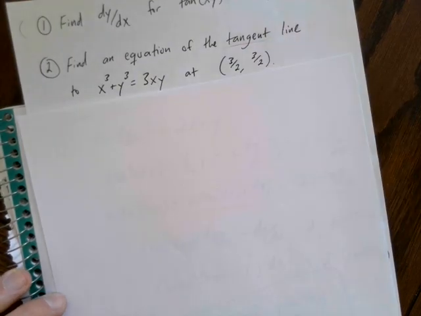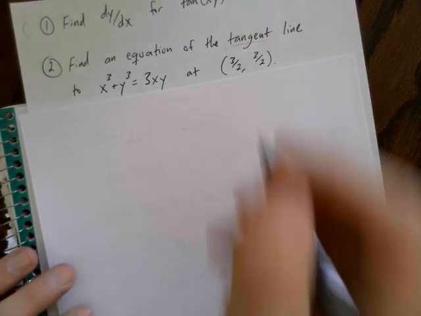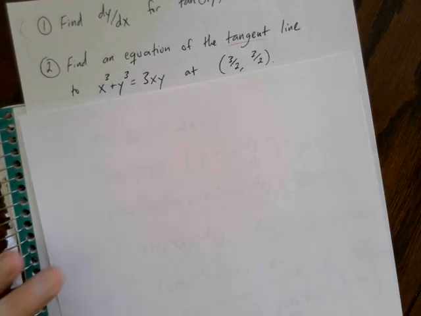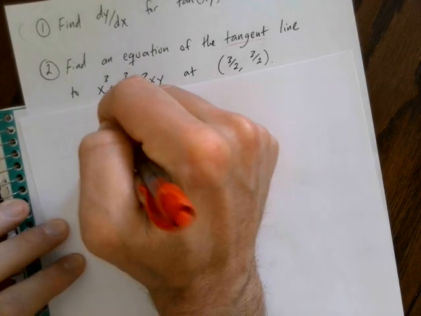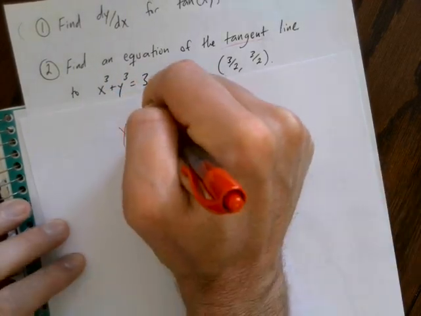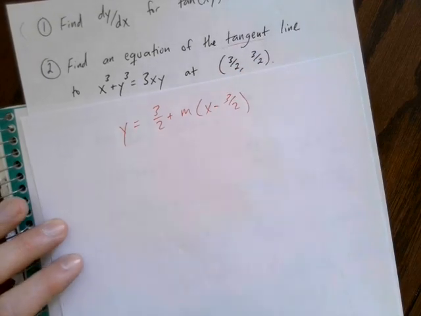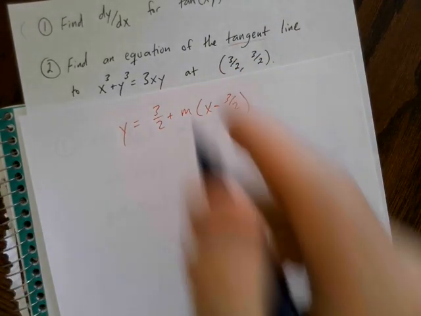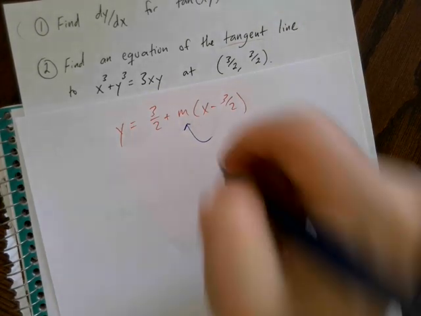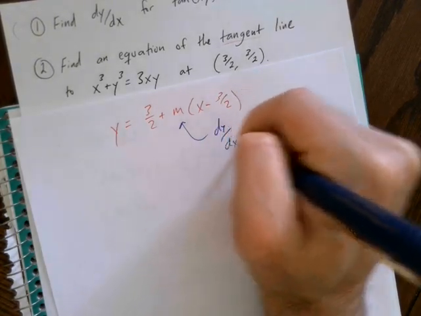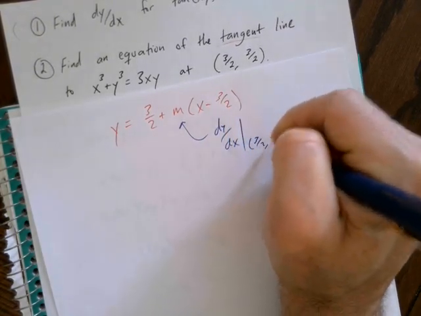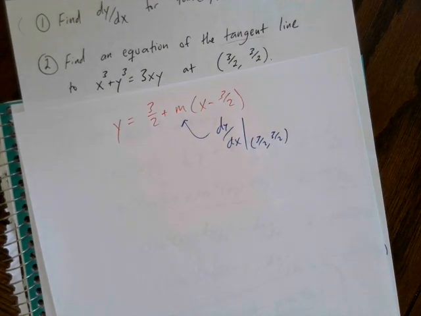So for the tangent line equation, we need the x and y point, which we have, and we need the slope, which is dy/dx. So we already have this part. y is the y value plus the slope, x minus the x value. All we need is the slope, which is the derivative at the point 3/2 comma 3/2.